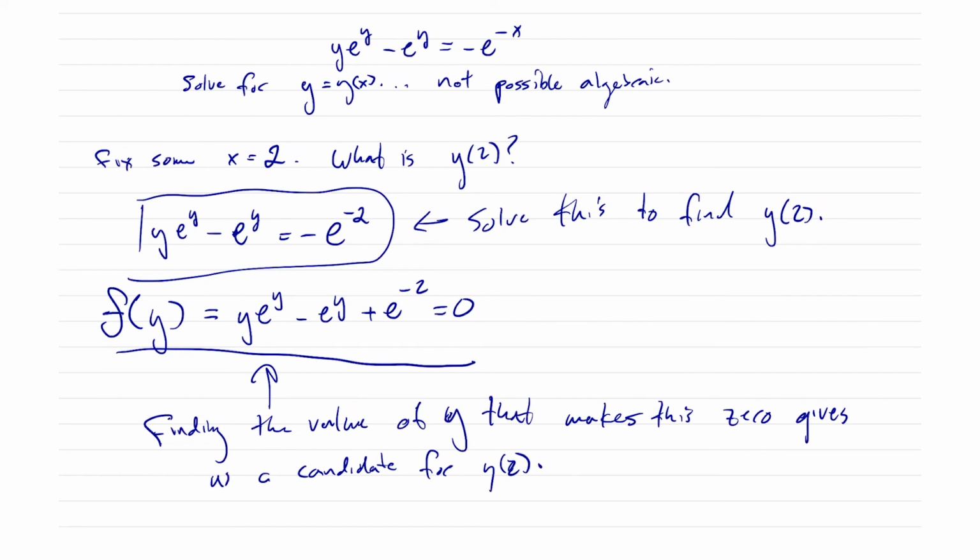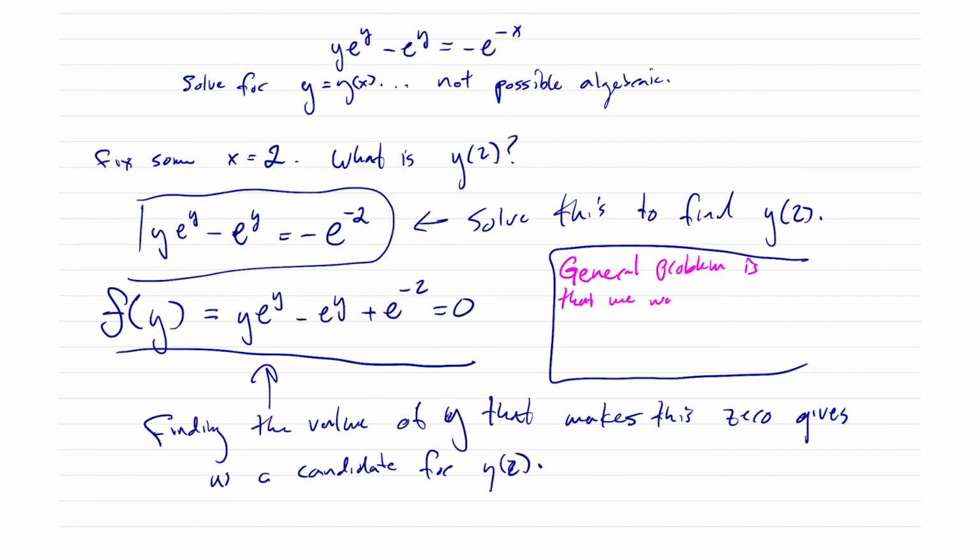In any case, this has also set up this equation where we're trying to find something like this. So the general problem is that we want to find a 0 or root for a function f that is nonlinear.